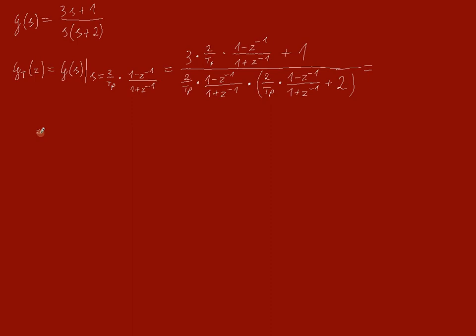In my opinion, the easiest way is to shorten both denominators, but everyone can choose their own path to the result.